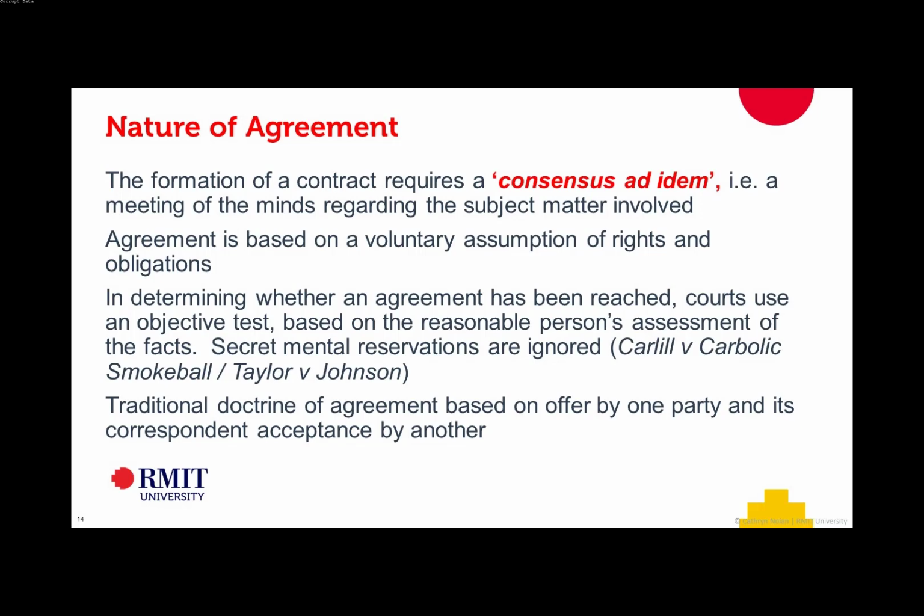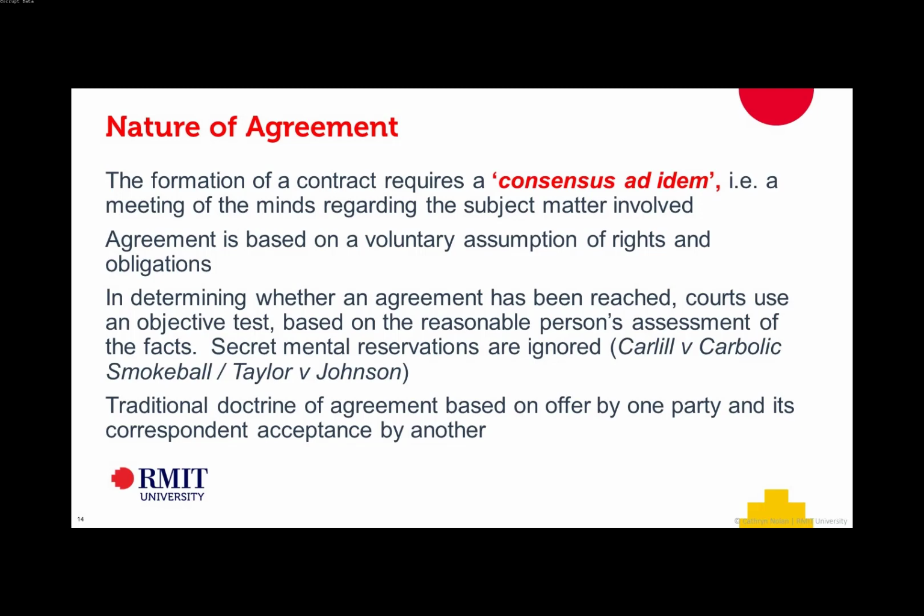But the theory of contract rests on that assumption. It rests on the assumption that people have voluntarily taken on obligations and that there is a relative equality in bargaining power. So how do we work out what that means?